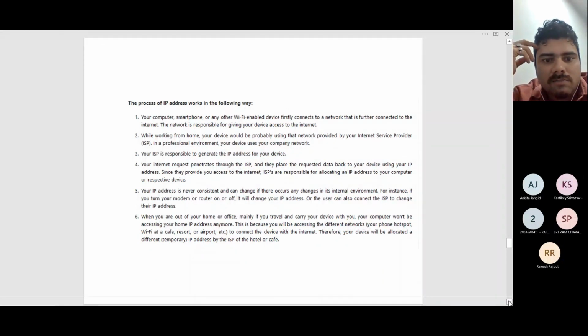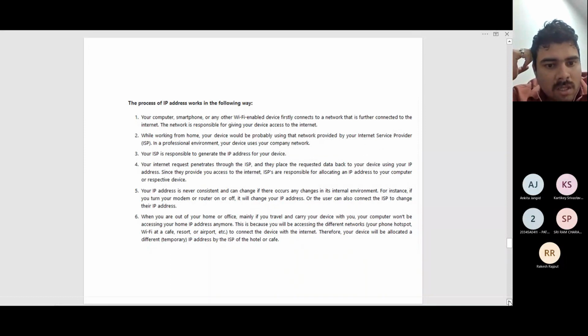Third, your ISP is responsible for generating an IP address for your device. Your ISP, your internet service provider, gives you a private IP address, public IP address, or static IP address for browsing your private data and your different browsing sites.